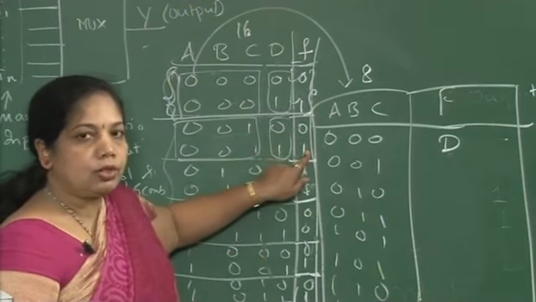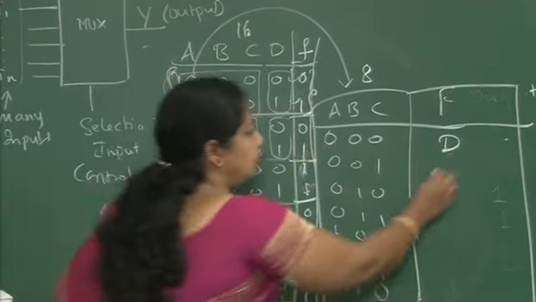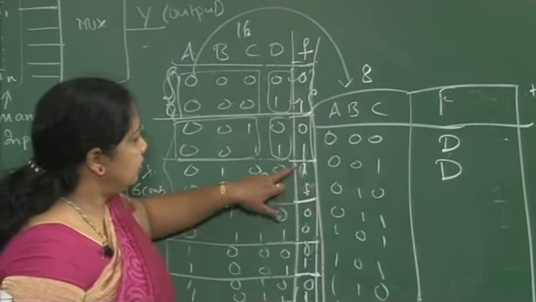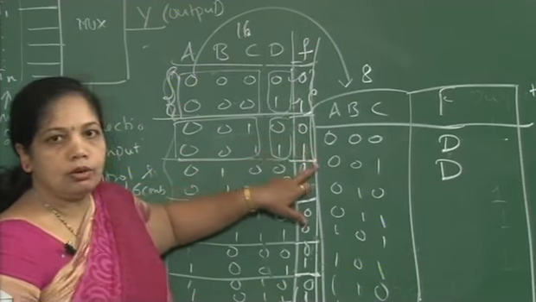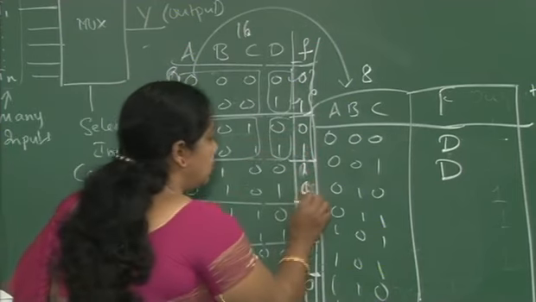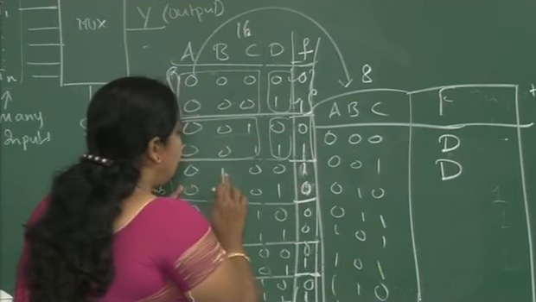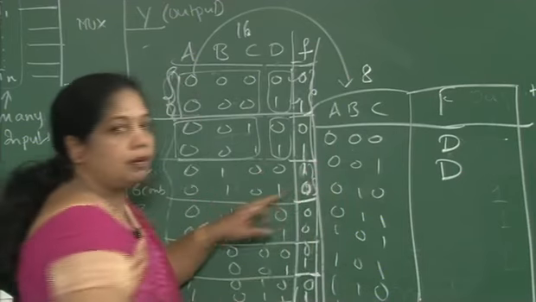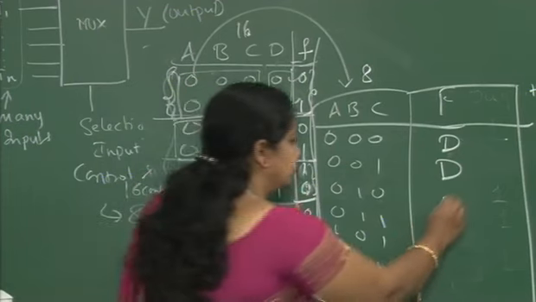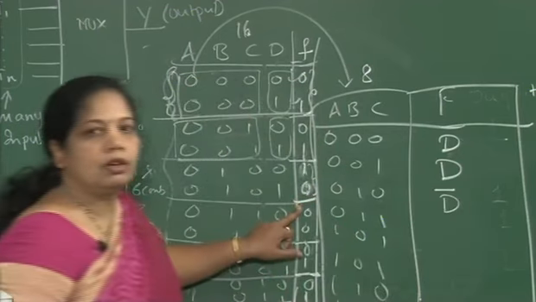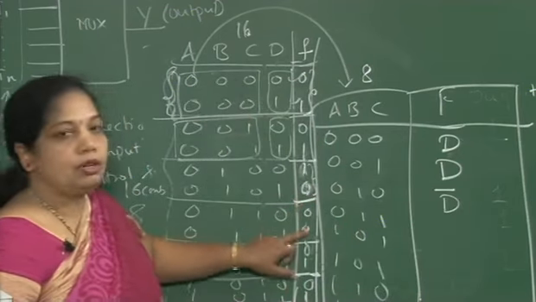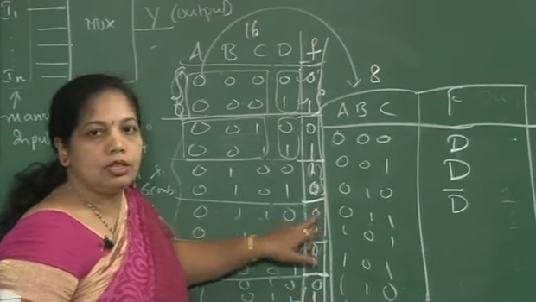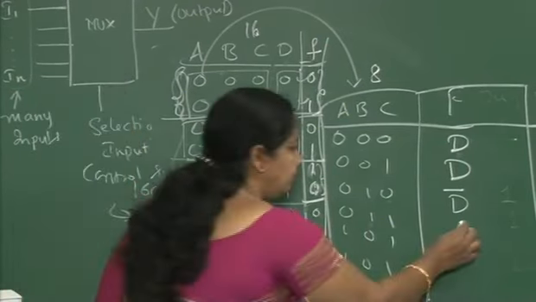So for that what should I write? Once again my output is D. Next is 1 0, so for the 0 1 0 combination, 1 0 represents D bar. Alright. So for the 0 1 1 combination, 0 0 represents logic 0.